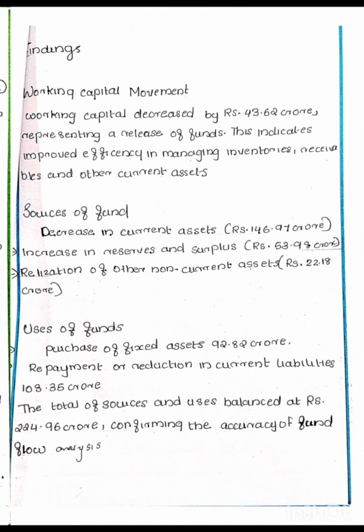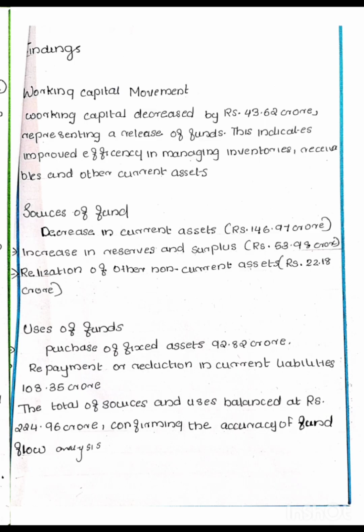Then the findings: working capital movement. Working capital decreased by rupees 43.62 crores, representing a release of funds. This indicates improved efficiency in managing current assets. So the sources of funds are the decrease in current assets, the increase in reserves and surplus, and realizing other non-current assets.